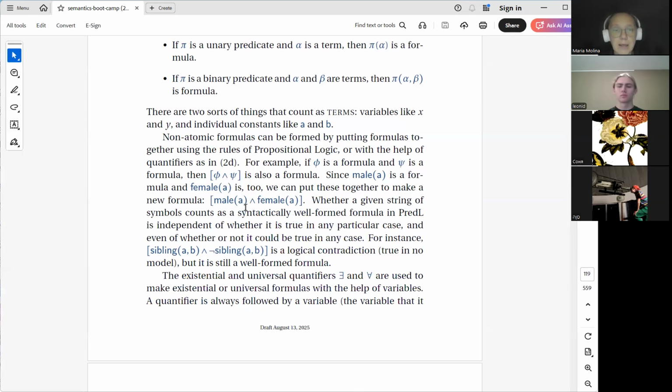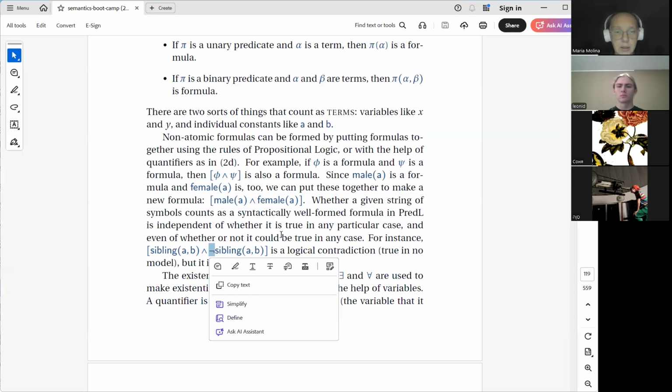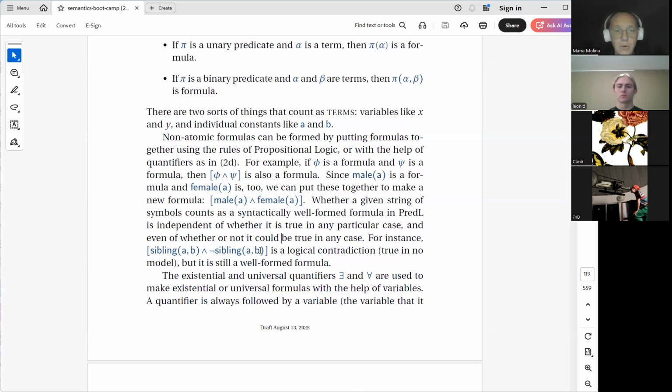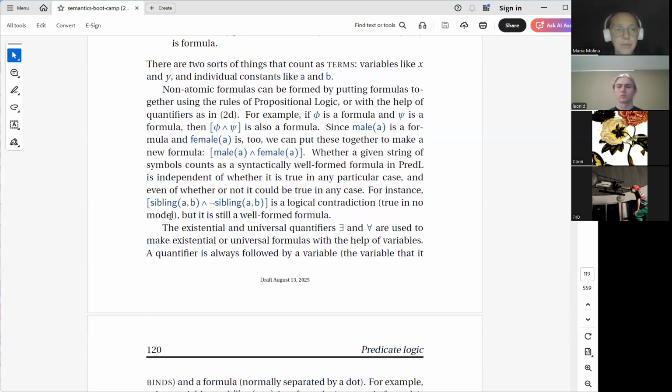So we can take two formulas and join them in a new formula. And we can use such things as negation in our formulas. Yeah? Siblings A B and not siblings A B.